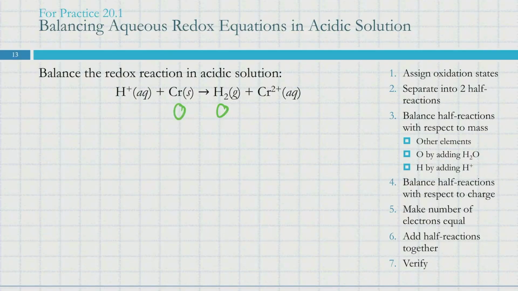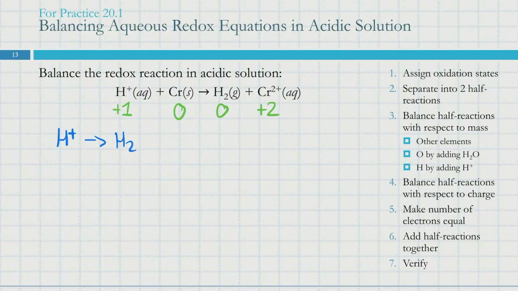And then we move on to monatomic ions. Hydrogen has a 1 positive charge, so it gets a value of +1. Chromium gets a +2 since it has a 2+ charge. And we can split these into their half reactions. H+ goes to H2.